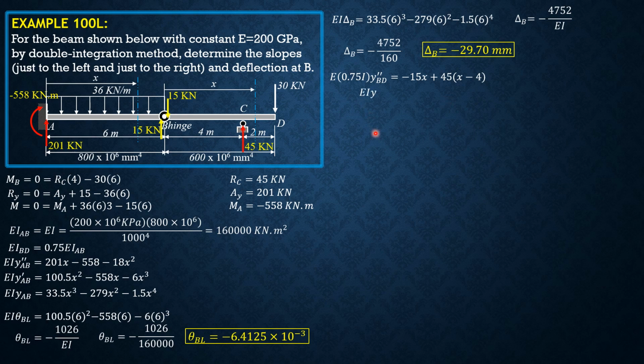Divide everything by 0.75: EI y double prime BD is equal to negative 20x plus 60 quantity x minus 4. Integrating once, EI y prime BD is equal to negative 10x squared plus 30 quantity x minus 4 squared plus C sub 3. Integrating again, EI y BD is equal to negative 10 thirds x cubed plus 10 quantity x minus 4 cubed plus C sub 3 x plus C sub 4.